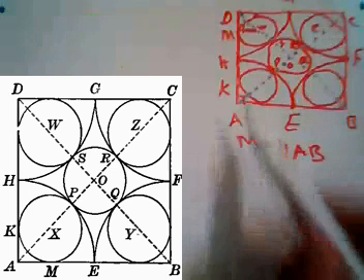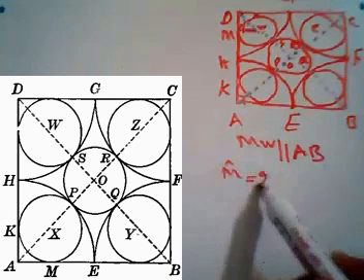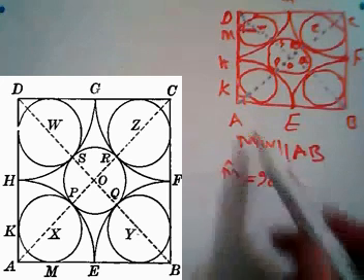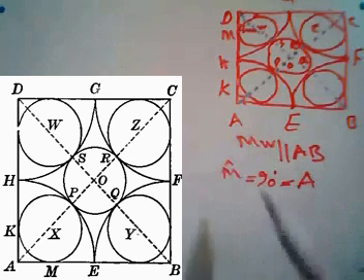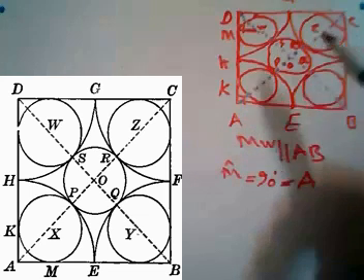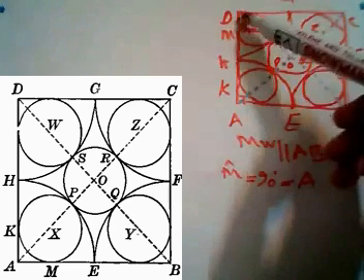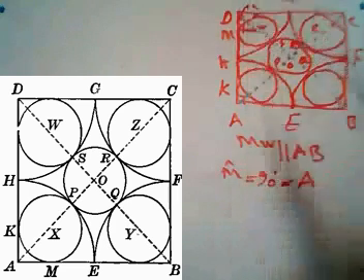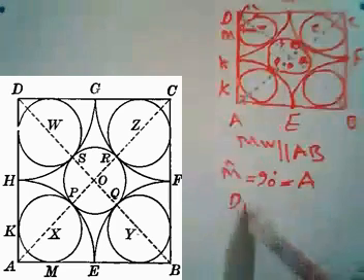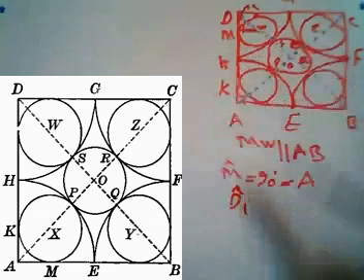Here M equals 90 degrees, equals A, and the angle D, let's call it D1, is common to both.